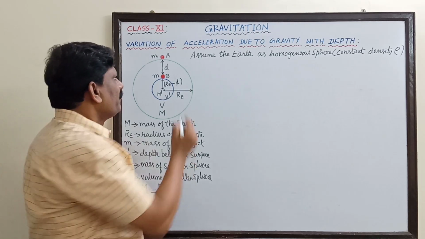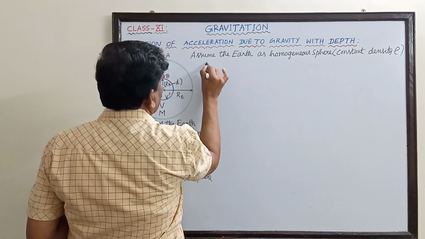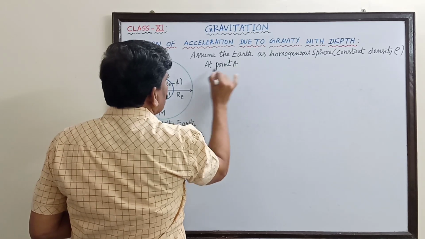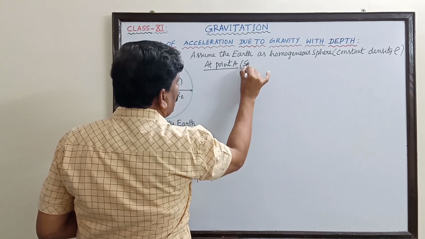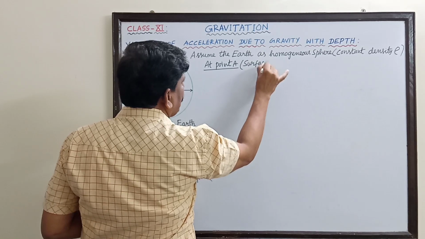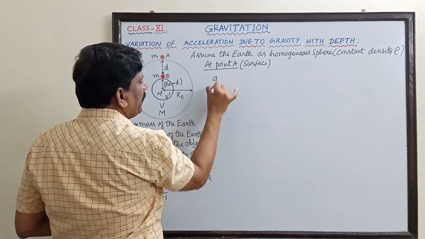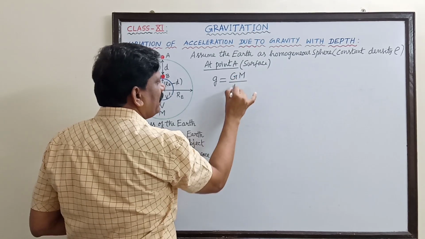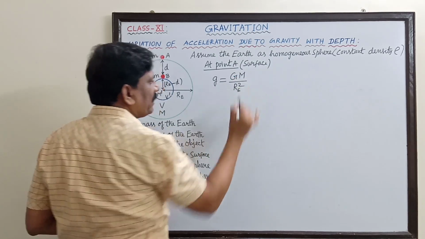First I will take the point A, which is on the surface of the earth. The acceleration due to gravity g is equal to capital G into mass of the earth divided by Re square.